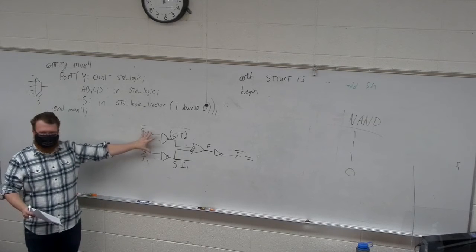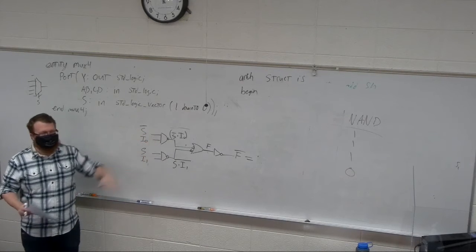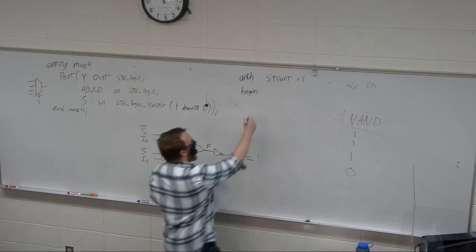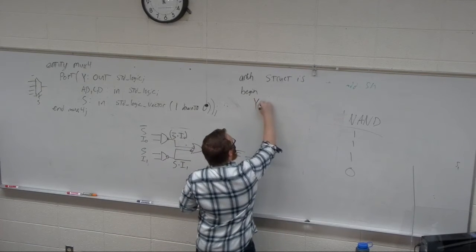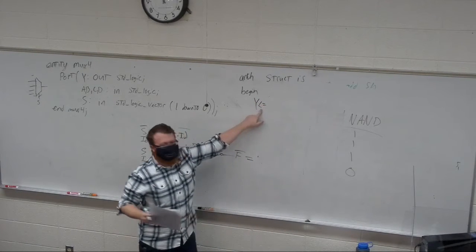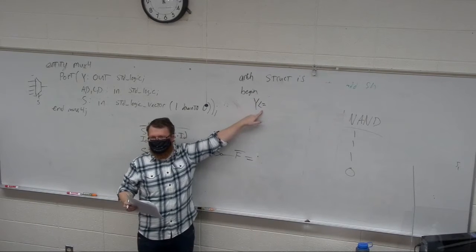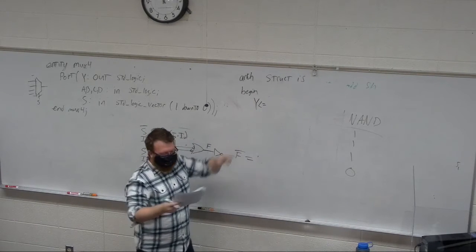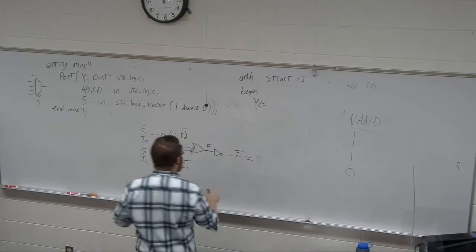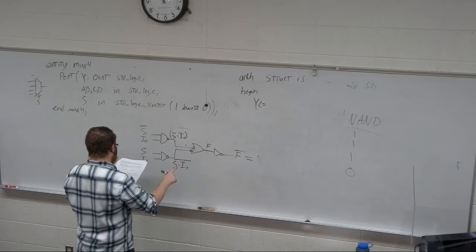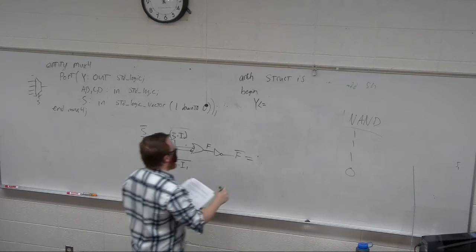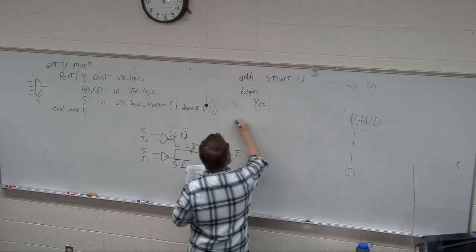Or I can write the structure of this directly in gates, where I can say something like y is, and remember we use this equal sign when we're making assignments inside of VHDL. Something like, man, I don't want to write this whole thing out. So let's start.